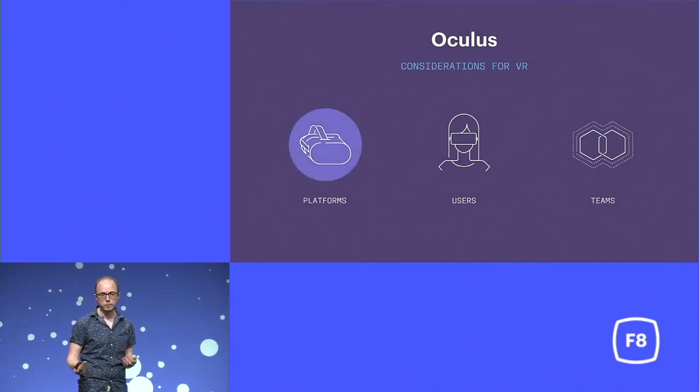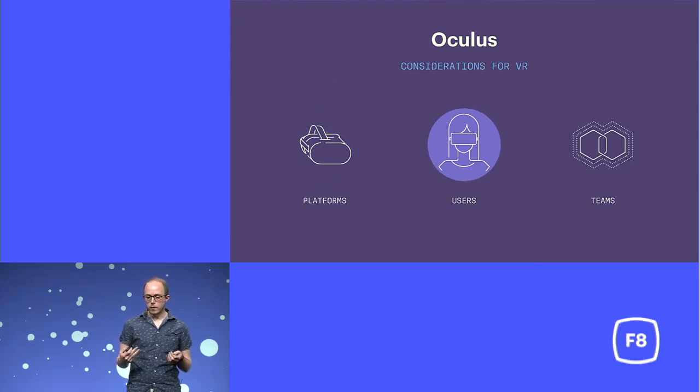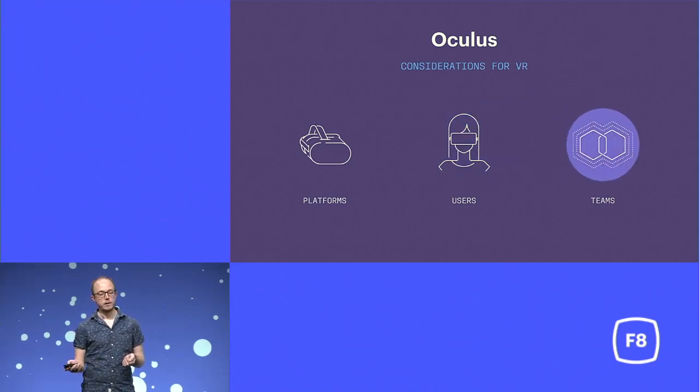First, platforms, as we'll dive into in a minute. Oculus has many. Secondly, for users, we want the best for our users, and developing new technologies, that often means iterating quickly and shipping often. And of course, teams need to be well supported.